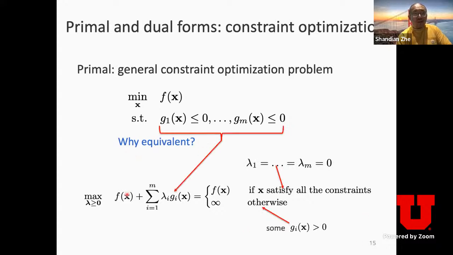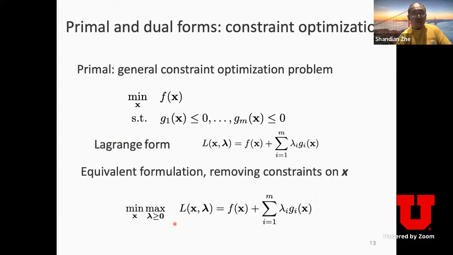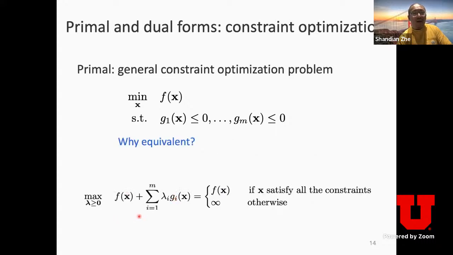So let us consider we have some x fixed outside, right? Remember, this is a minimax optimization. We can consider that we have some fixed x in the outer level and just look at what the optimization result is in the inner level. In the inner level, we're trying to maximize the Lagrange function with respect to non-negative multipliers lambda, right?